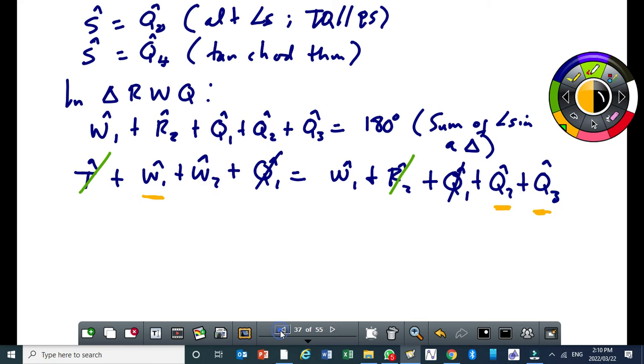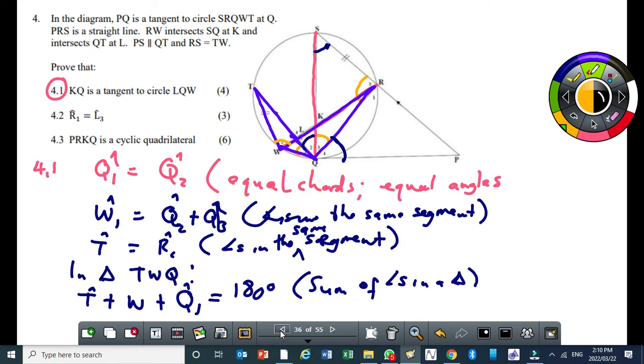Q1 and Q3. Now the thing is, we have to eliminate the Q.